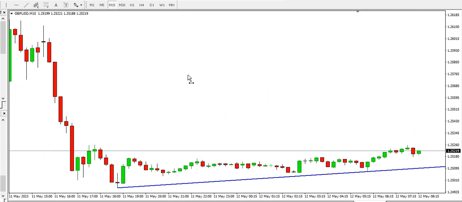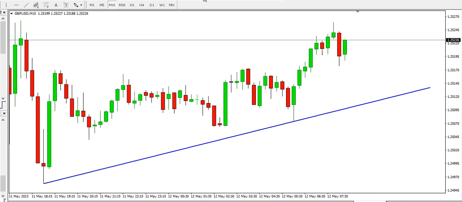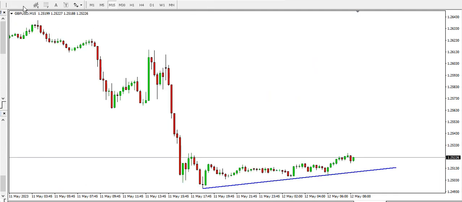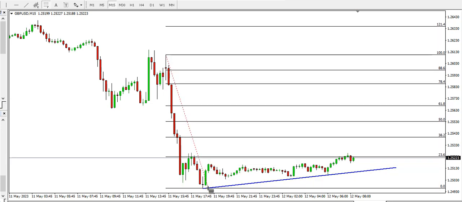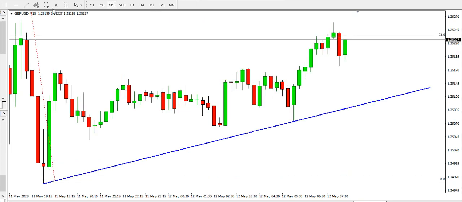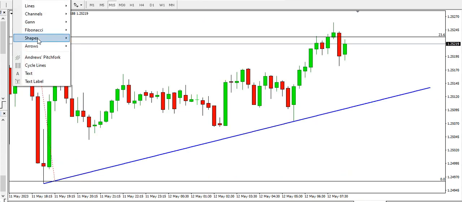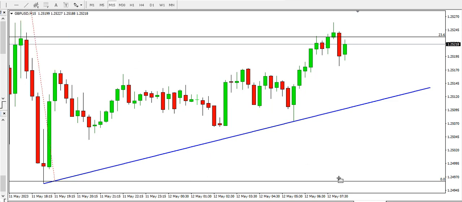So the 15-minute time frame shows retracement of the last down leg, and price has retraced to the 23.6 Fibonacci retracement level. So price might need to get to this particular area for structure to be broken. If price gets to this area and breaks the structure, then we might see further downside of GBP.